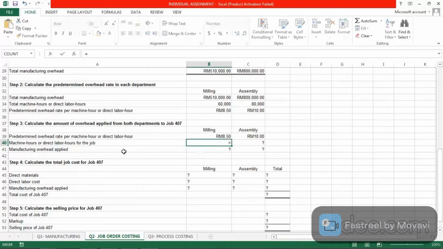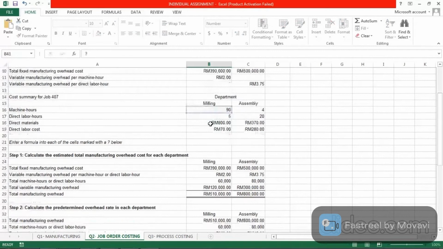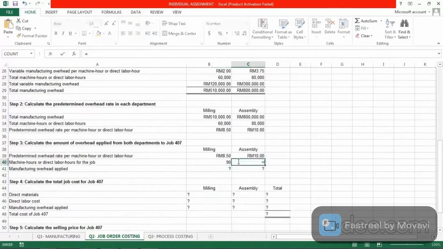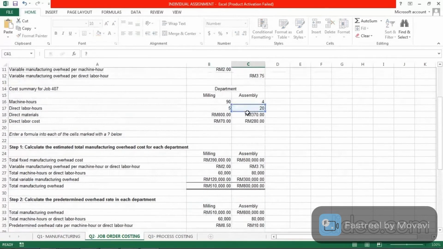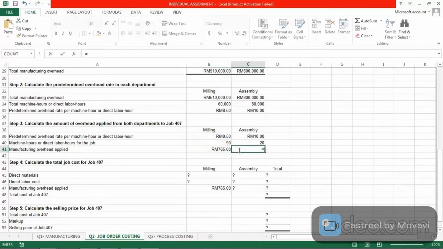So here the actual amount of machine hours is 90, and for assembly is 20. Then to find the manufacturing overhead applied, 8.5 times 90, and 10 ringgit times 20.